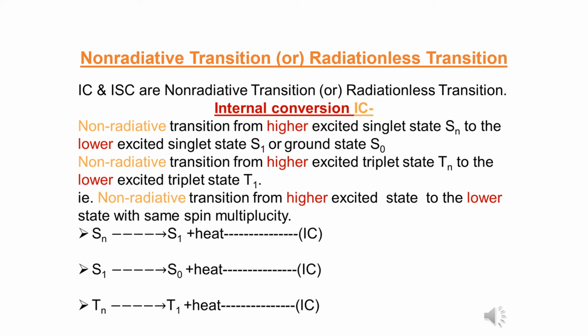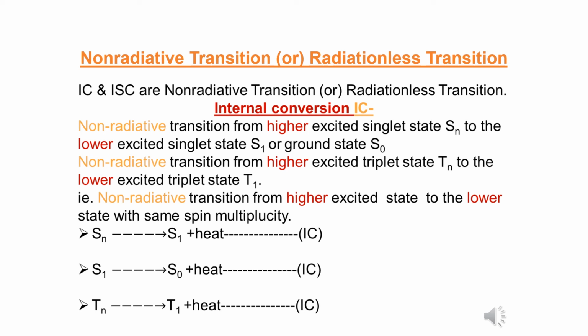Now IC means internal conversion. IC means non-radiative transition from higher excited singlet state Sn to the lower excited singlet state S1 or ground state S0. That is IC. Another one is non-radiative transition from higher excited triplet state Tn to lower excited triplet state T1. That is also IC.